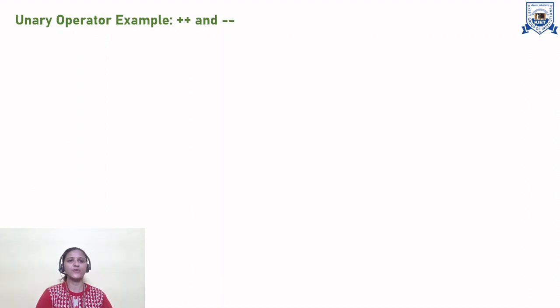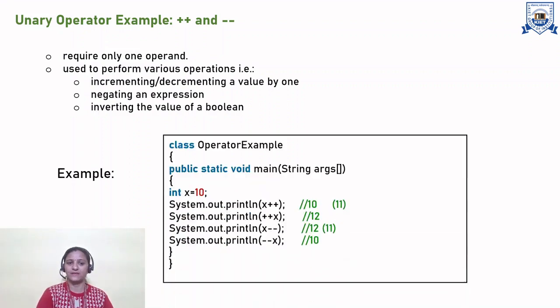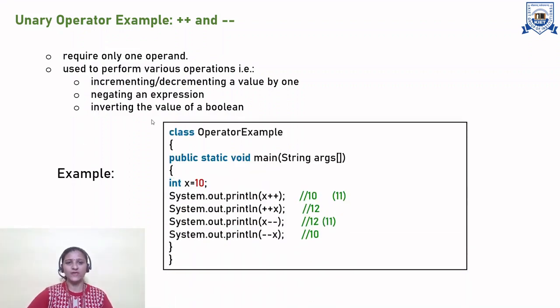Let's take the example of the unary operator. Here, it requires only one operand and is used to perform various operations like incrementing or decrementing a value by 1, negating an expression, or inverting the value of a boolean. Let's have a look at the example over here. Class, the class name.